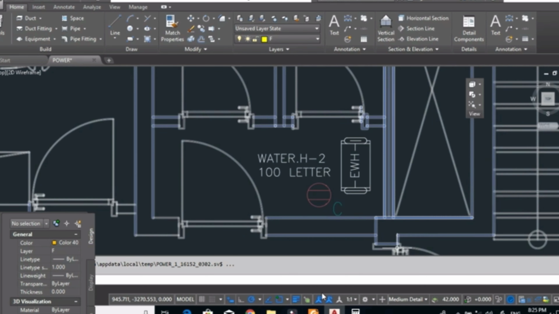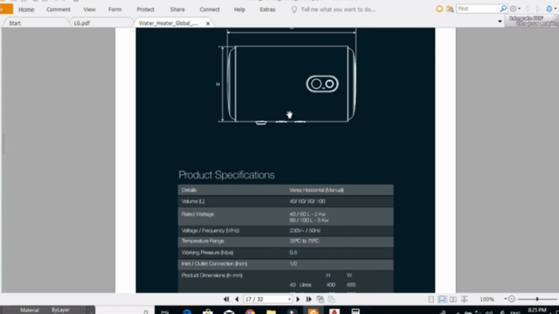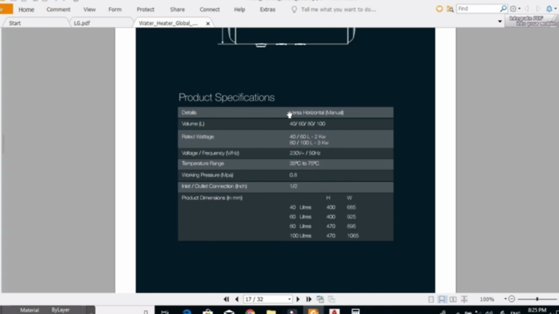I will go back to the catalog. See here, this is the type which I use, from the company Global. I will attach this catalog with this lecture, but here I have the product of 100 liters, this is the dimension, height and width, and here the most important thing for me, the rated watts.